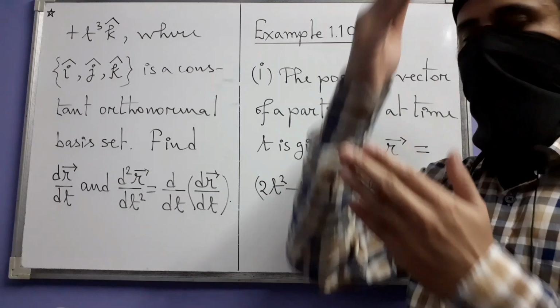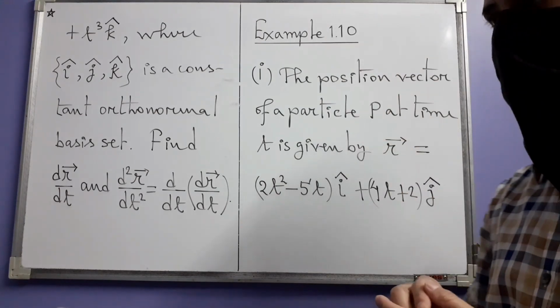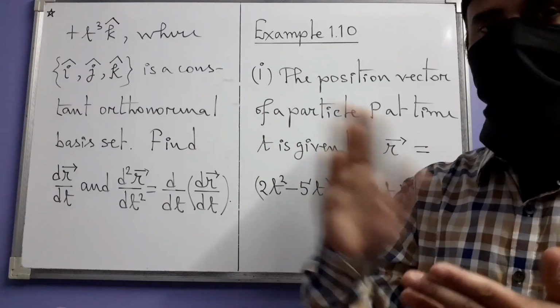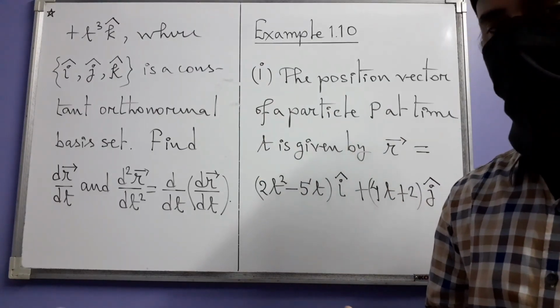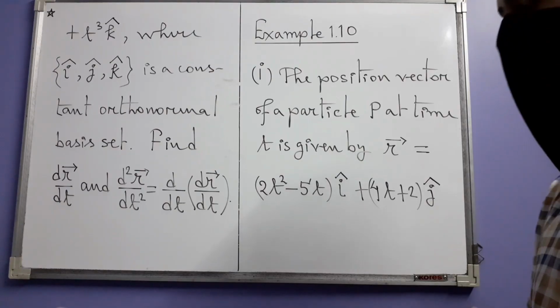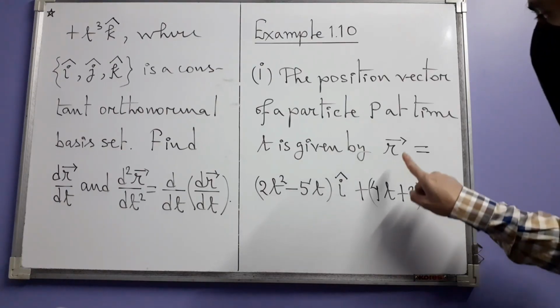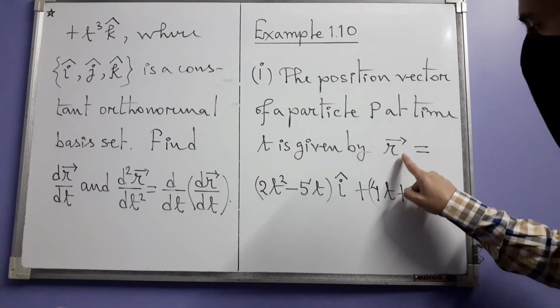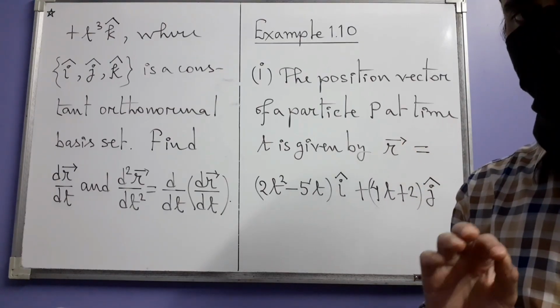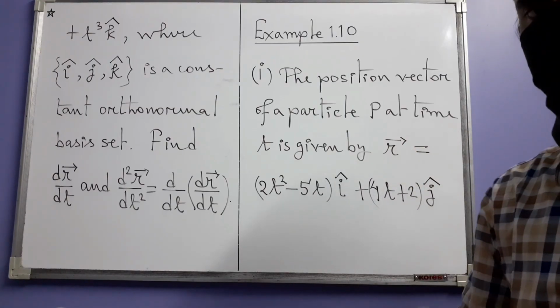As the particle moves in three-dimensional space in some manner, that vector changes. Possibly both its magnitude as well as direction change with time, and that vector is this vector r. Ideally, the author should have written r of t, indicating that r is a function of time, but that's understood.